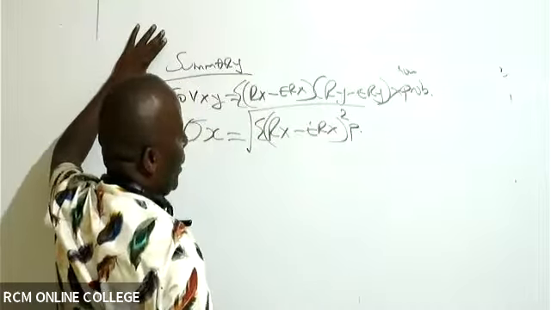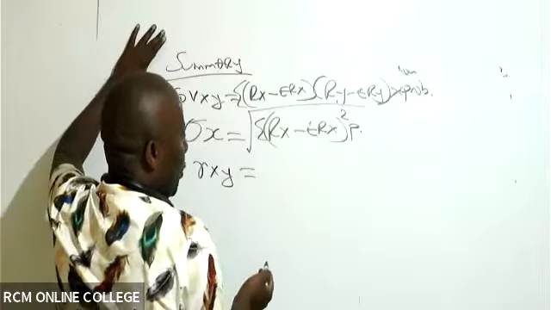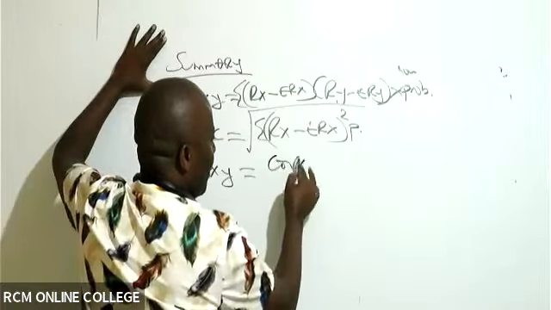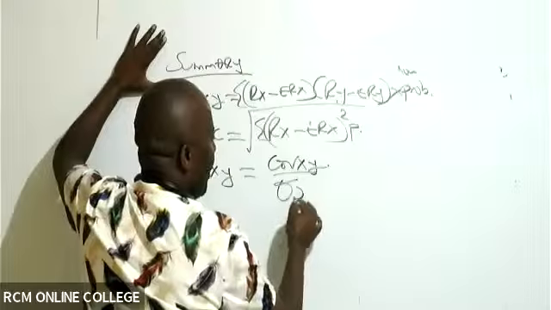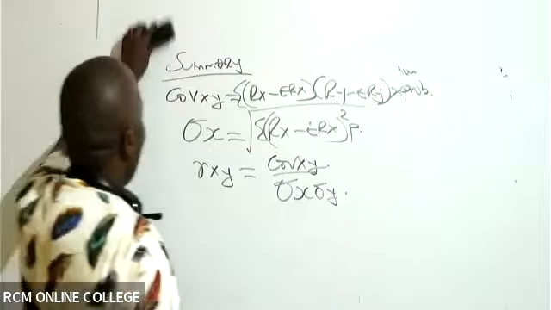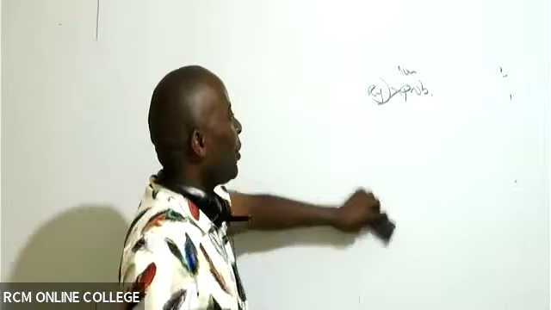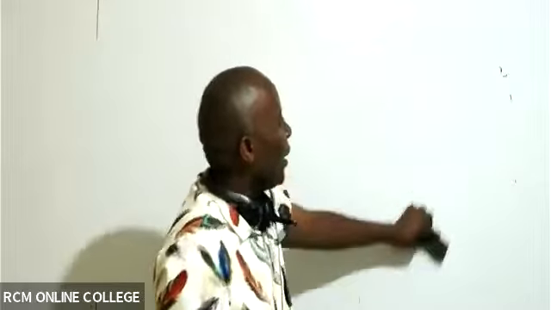I've also sold you the idea of R between X and Y, where you take the covariance between X and Y divided by the respective standard deviations. Very important that you watch this video, not tomorrow, but today.